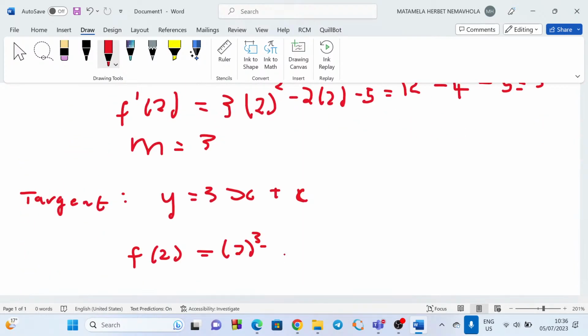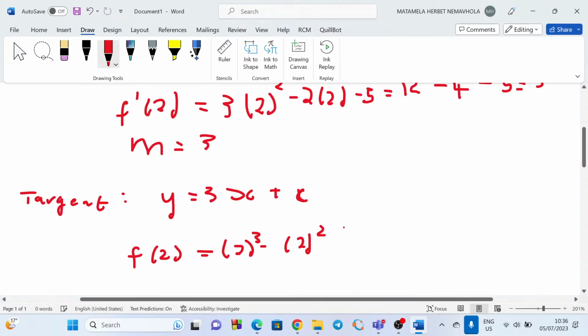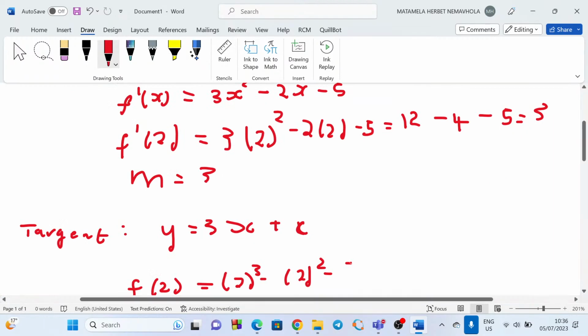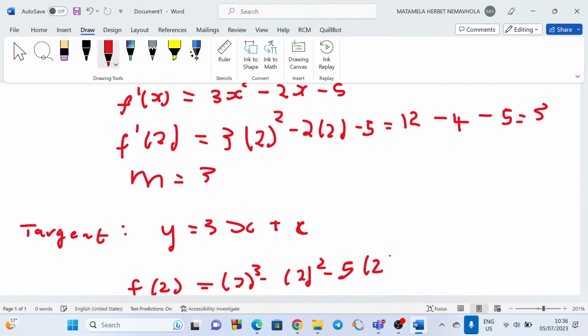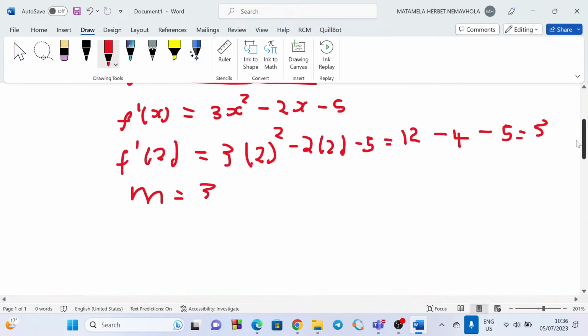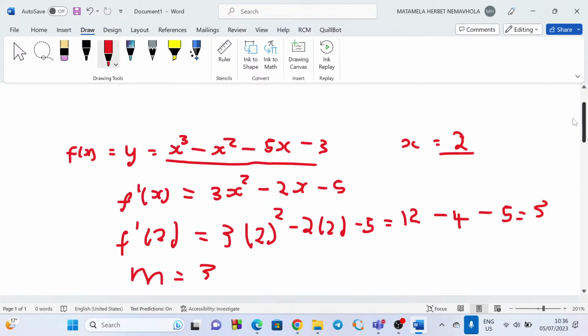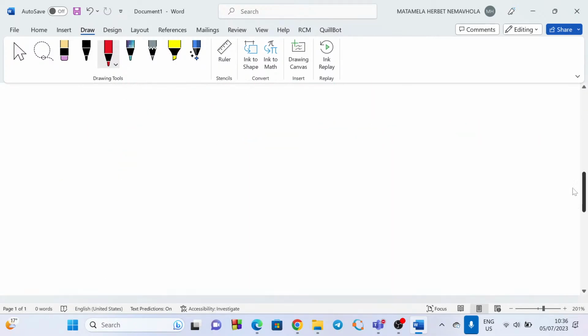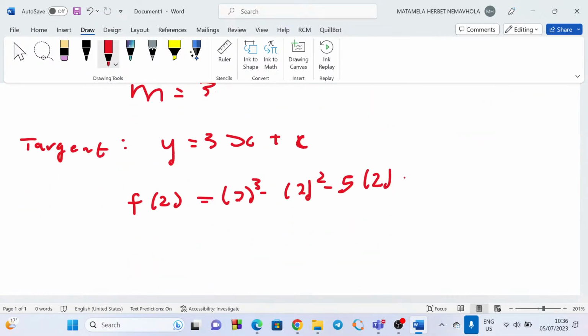Minus x squared, minus 2 squared, and then was it minus again? Yes. Let me check. Yeah, it's minus 5 times 2, and then the last value is minus 3.